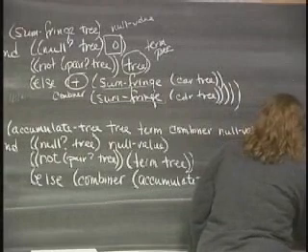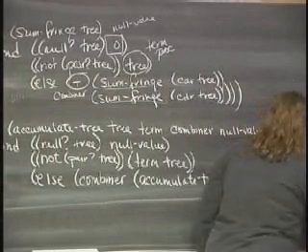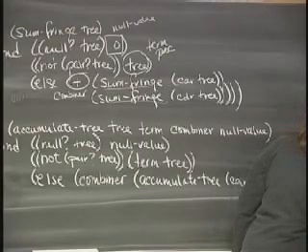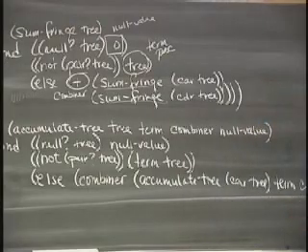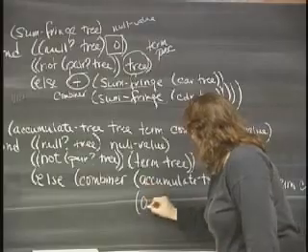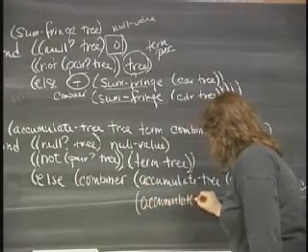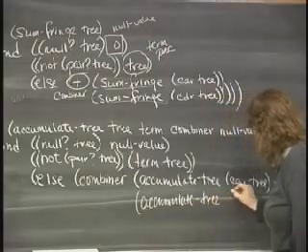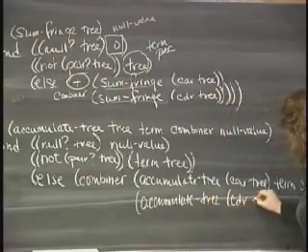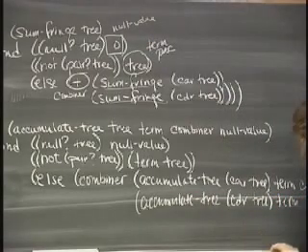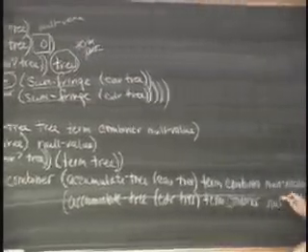Term, combiner, null value. With an accumulate tree on the footer of the tree, also passing term, combiner, and the null value.